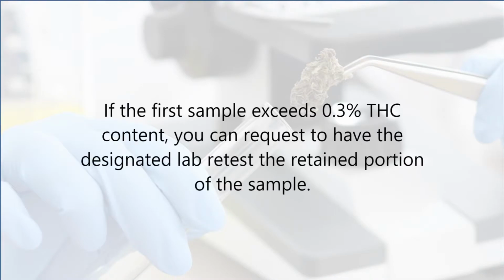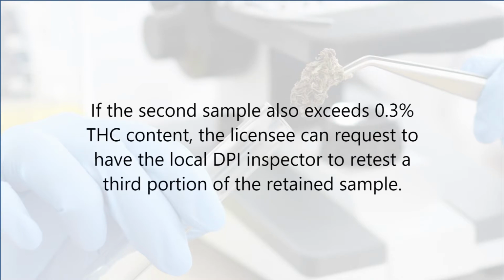If harvest is not approved based on the initial sample results, the licensee may request within 1 day of receiving the results that the designated lab retest the retained portion from the already collected sample. If the second sample analysis also exceeds 0.3% THC, the licensee may request within 1 day of receiving the results for the local DPI inspector to conduct a third sample to confirm total THC.